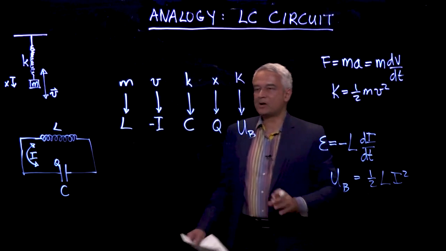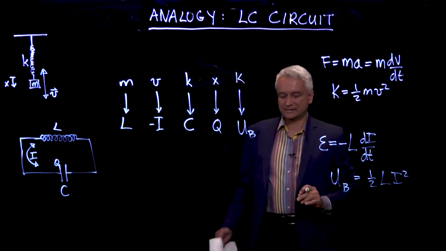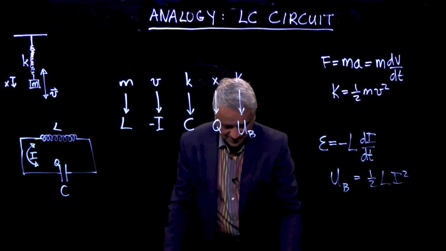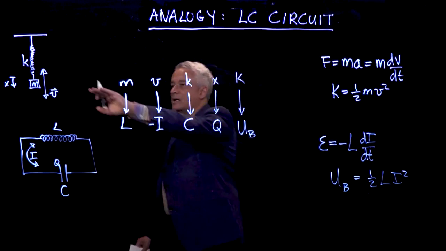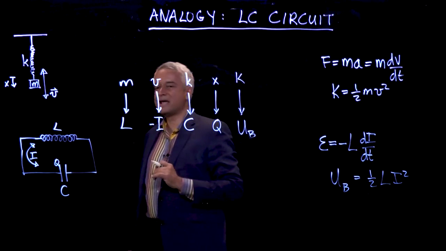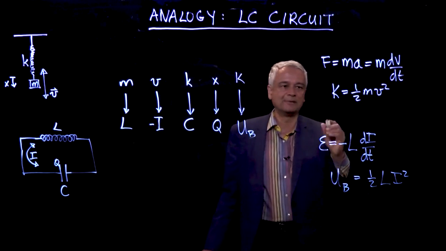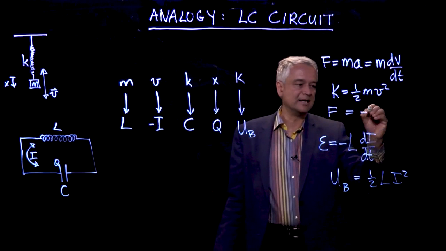OK, but now I want to check my K and X connecting to C and Q. And there are two ways of doing this. Let's do the easier way first. Let's check the expression for force, not in terms of ma, but in terms of the force from the spring. So the force due to the spring is minus kx.